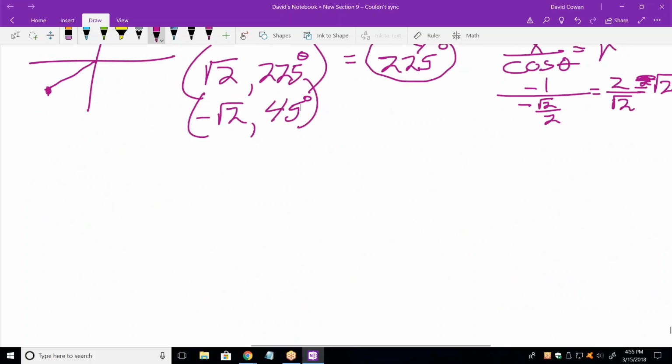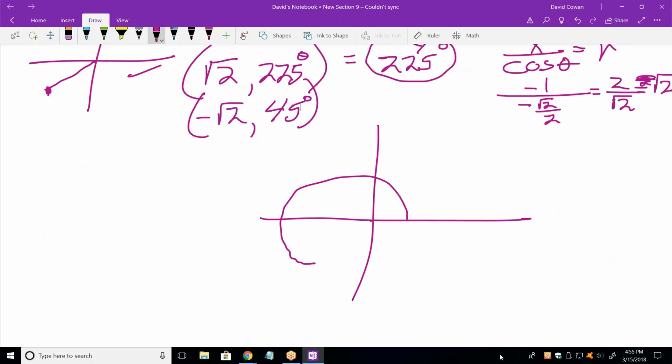Here's how I'm going to graph it. I'm going to start with the first one. That goes 225 to there. It's a positive r, so I'm going to go out root 2. There are my coordinates. Now let's do the second one, in a different color.